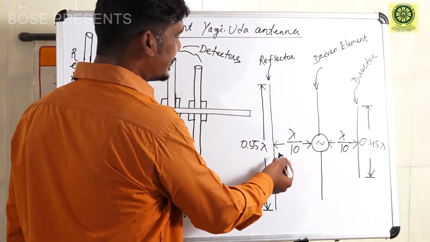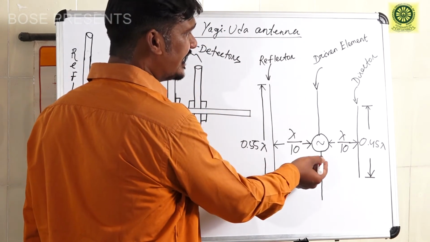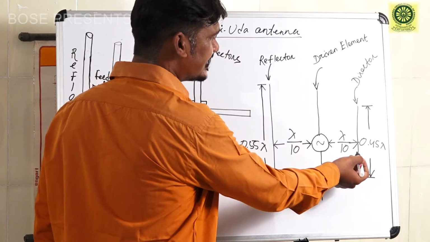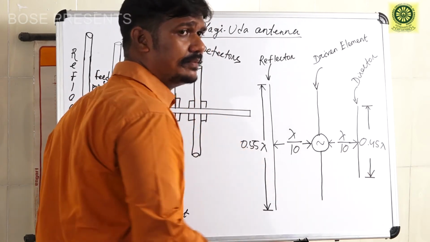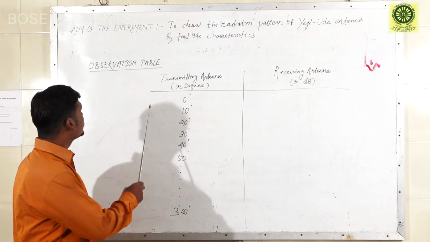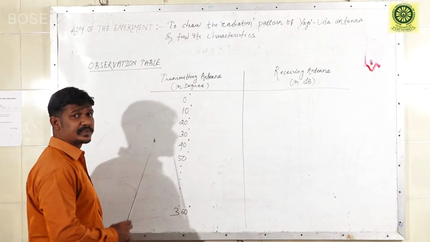So the reflector is a little bit larger than the driven element and the director is a little bit smaller than the driven element. So this is the observation table for the above experiment.